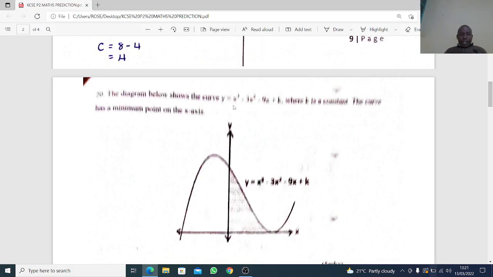You just write that if you are not able to see: y equals x cubed minus 3x squared minus 9x plus k, where k is a constant.